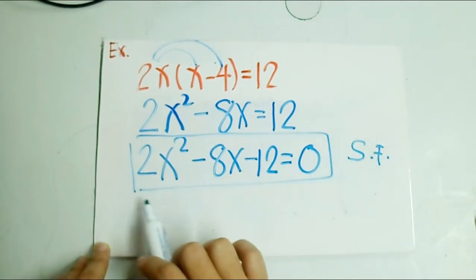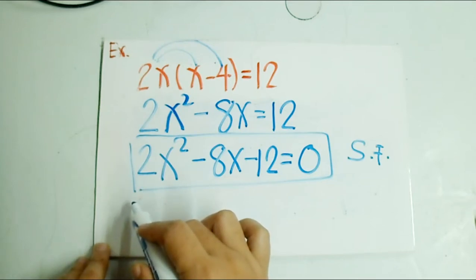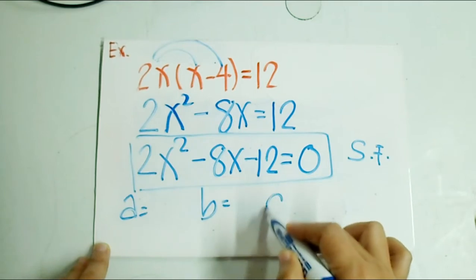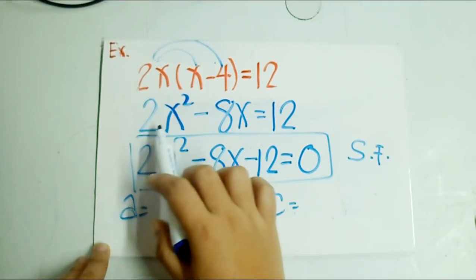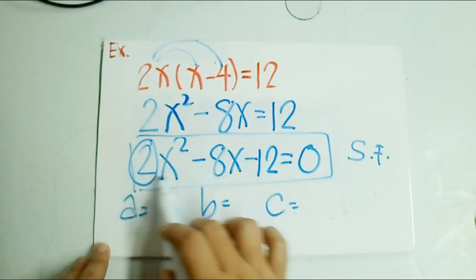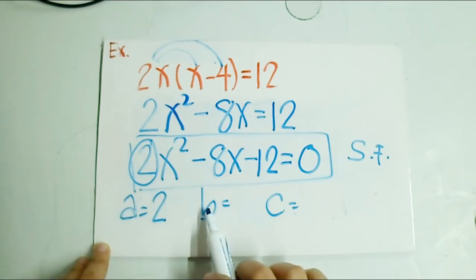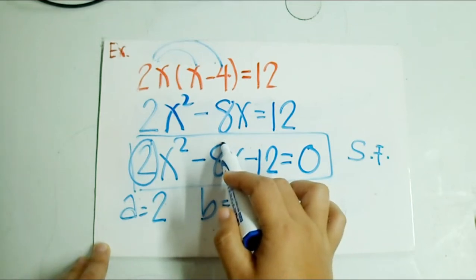Now, since this is in standard form already, we can identify the values of a, b, and c. a can be found in the quadratic term. It is the number part, or the numerical coefficient, of the quadratic term. So a is equal to 2. Now for b, this is the numerical coefficient of the linear term.